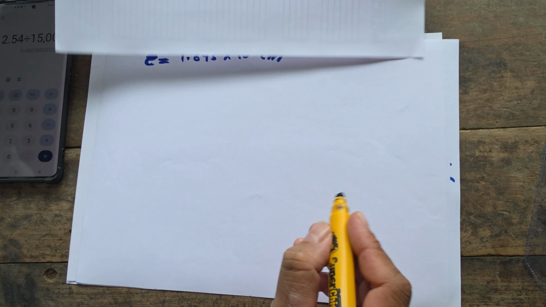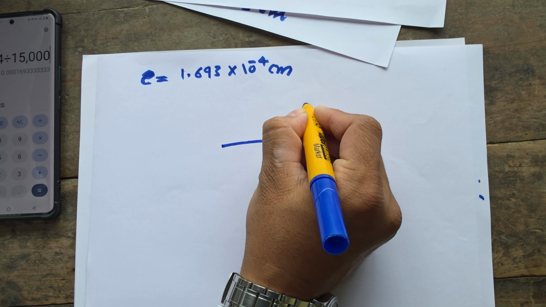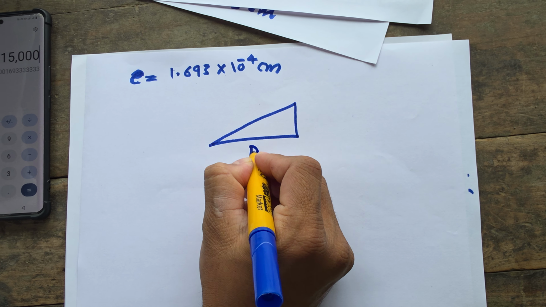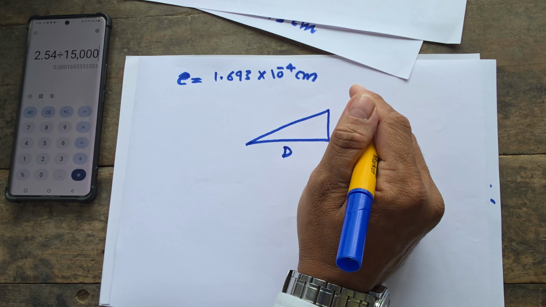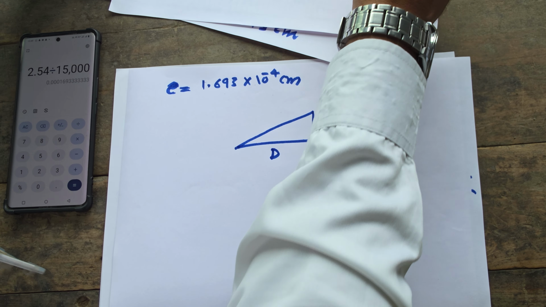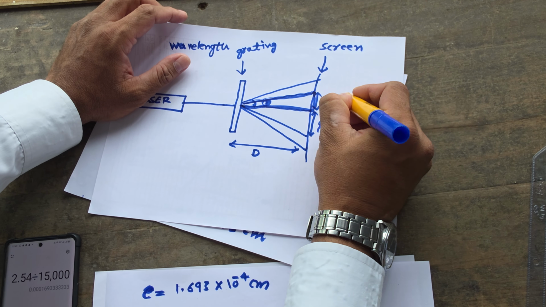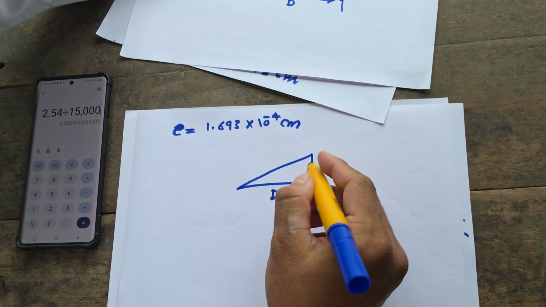It will be like this. This is our capital D and this is our small d actually. This small d we can call a x rather, because in the experiment we have called it a x while considering in the lab.